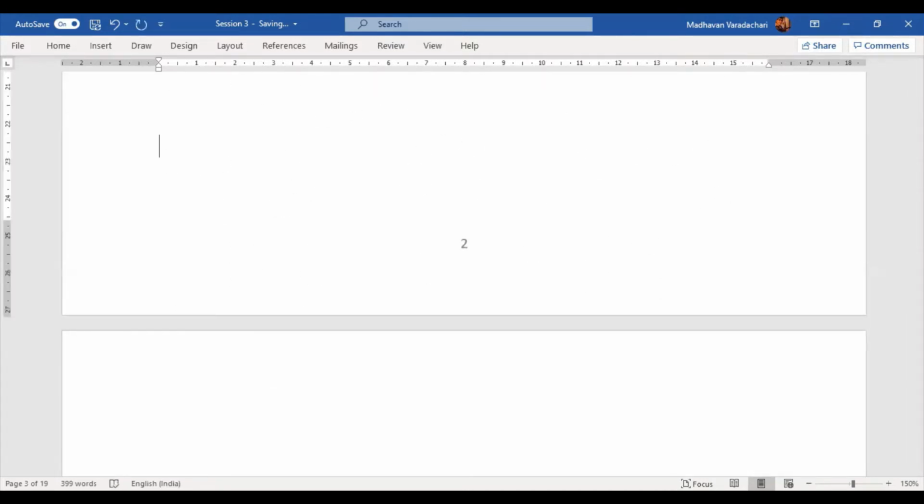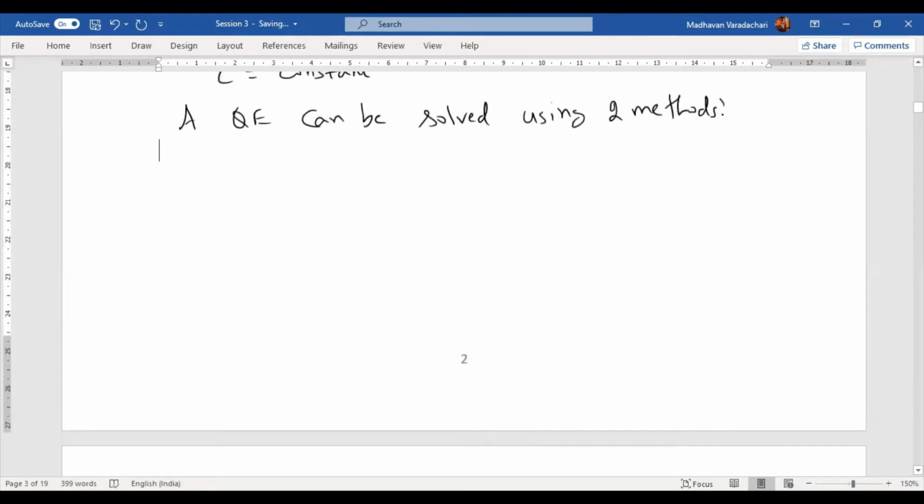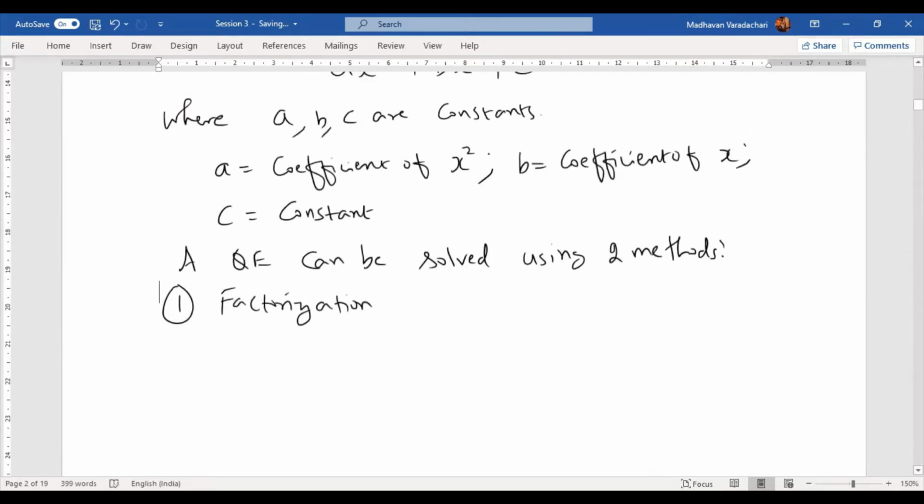First one is called factorization method. Second is formula method.